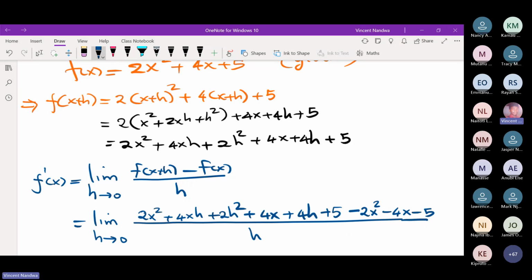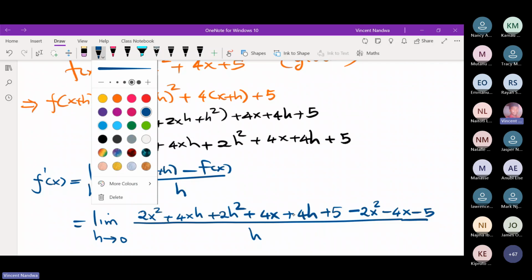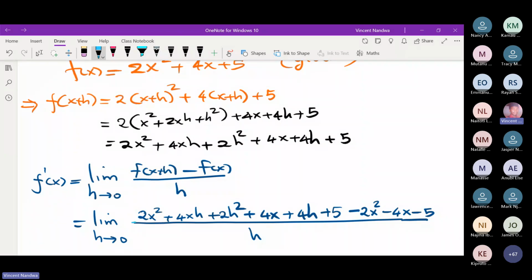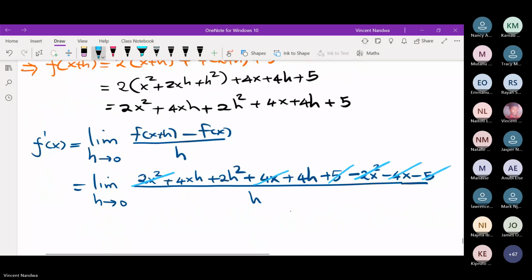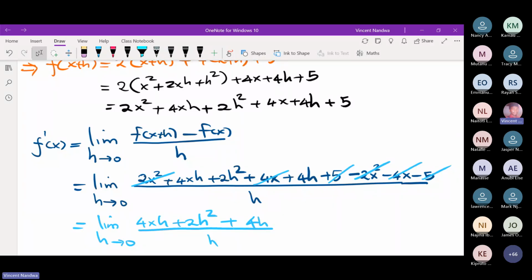Yes. So by doing so, some terms will cancel out. This term and this term cancels out. This term and this term cancels out. This term and this term cancels out. So we'll have limit as h approaches 0 of 4xh plus 2h squared plus 4h divided by h. Then what is common in the numerator?